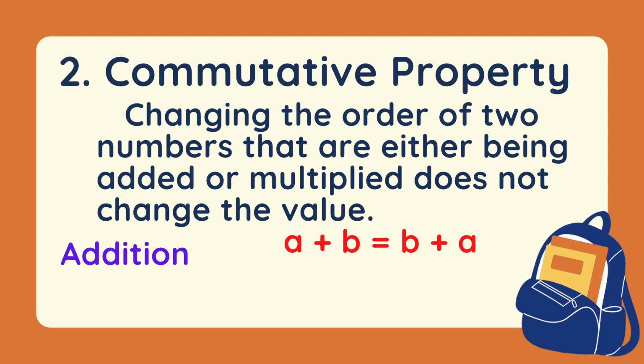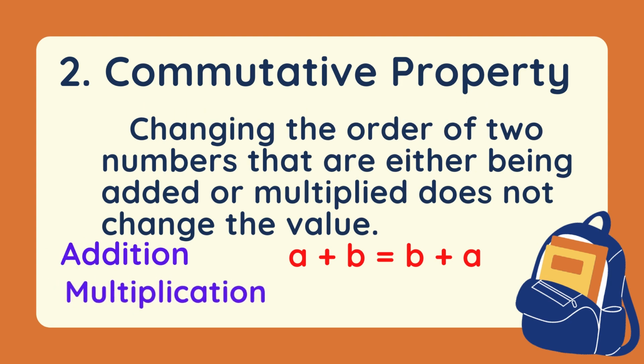Assume that a and b are real numbers. As we can see, the order is changed, but according to this property, the result will still be the same. Same is true with multiplication of real numbers. If we multiply a times b and b times a, the order changed, okay? The result will always be the same.